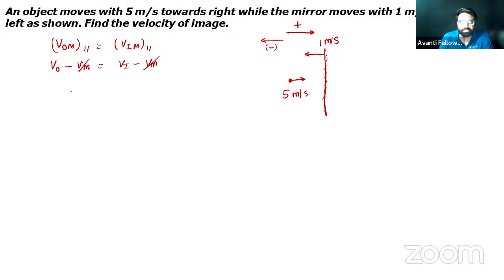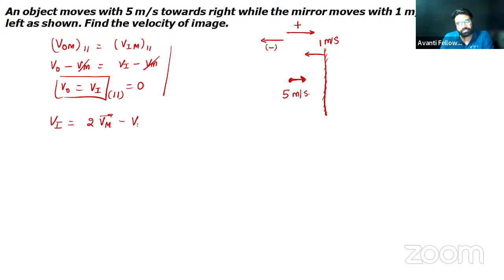So this mirror velocity cancels out, and velocity of image is velocity of object in the parallel direction. Got it? But the velocity given in the question is perpendicular to the mirror. So this parallel velocity becomes zero here. Okay. Now velocity of image perpendicular is nothing but 2 times of velocity of mirror minus velocity of object.